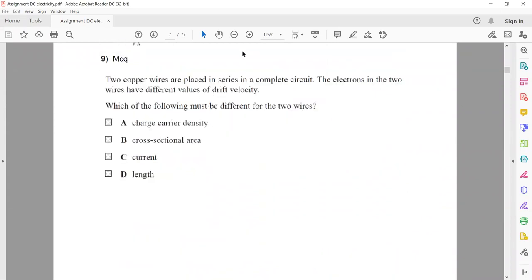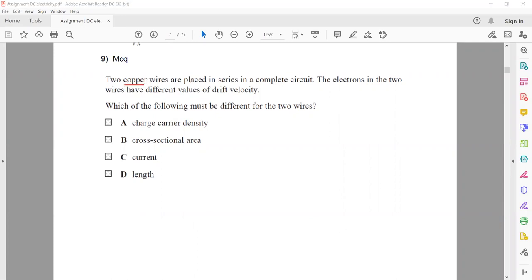Two copper wires are placed in series in a complete circuit. The electrons in the two wires have different values of drift velocity. Which of the following must be different for the two wires? So there are different drift velocities in two copper wires.